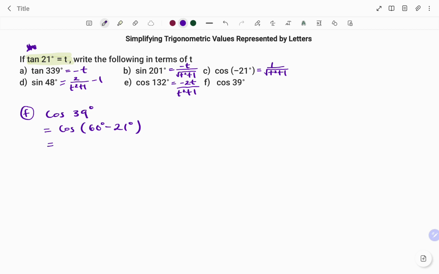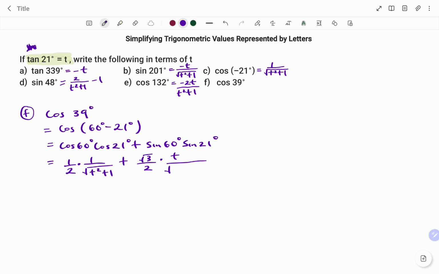And therefore, using a compound angle, cos A minus B, we have that as cos 60 cos 21 degrees plus sine 60 degrees sine 21 degrees. That's equal to 1 over 2 times cos 21, that's 1 over root t squared plus 1, plus sine 60, root 3 over 2 times t over square root of t squared plus 1.